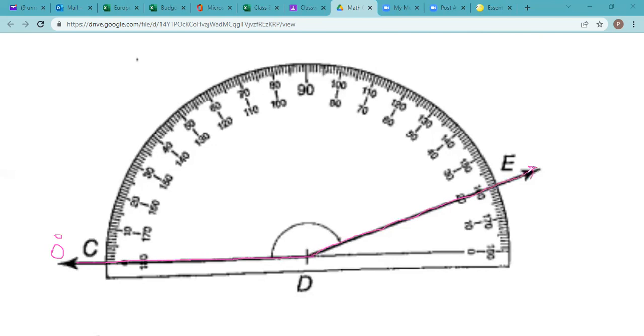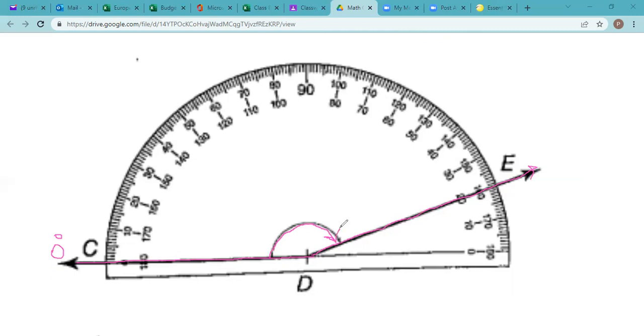And then here's your letter E. So it looks like it's almost a straight angle. I mean, it looks like it's leaning really far back. We know it's not a little angle because look at the curved arrow. We know it's a larger angle. So we know that this has to be an obtuse angle.